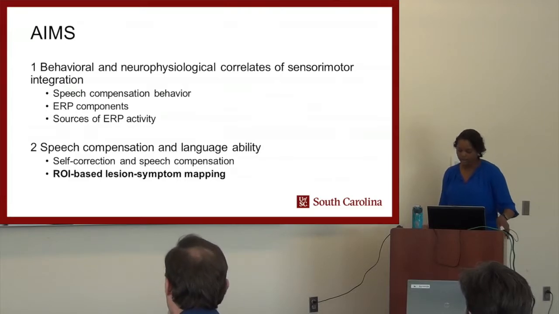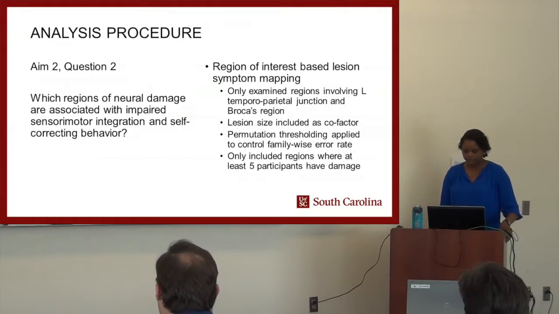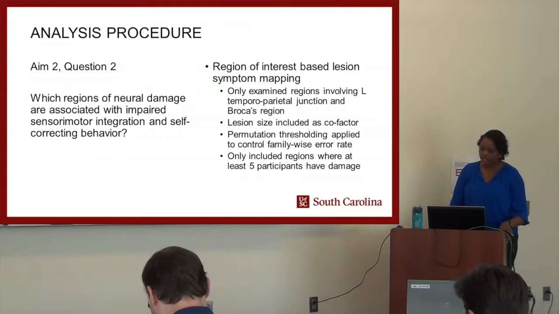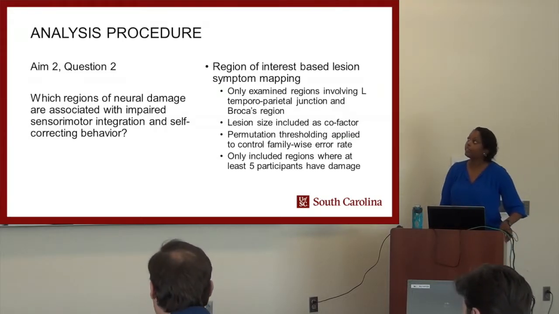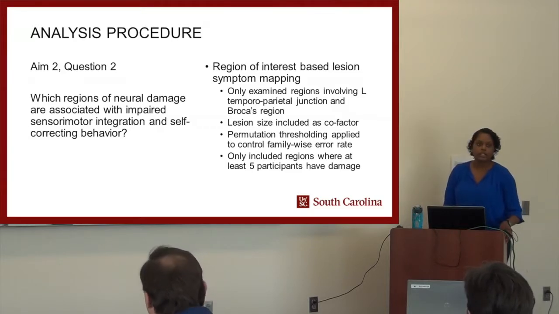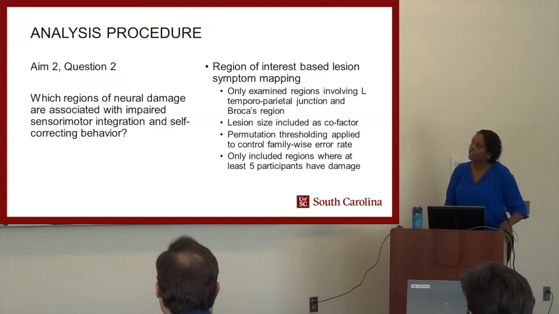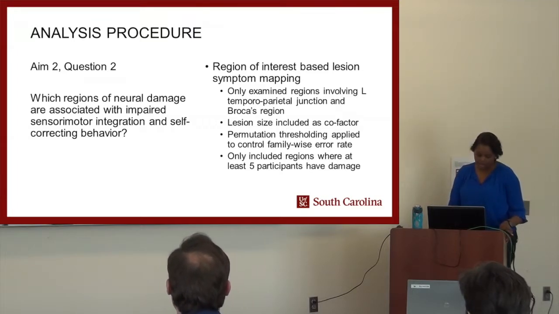So then we also conducted a region of interest-based lesion symptom mapping analysis. We only examined regions that involve the left temporoparietal junction, and we included Broca's region as a contrast region. Lesion size was included as a cofactor.